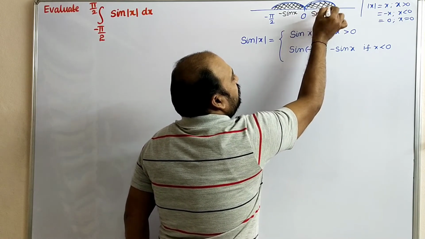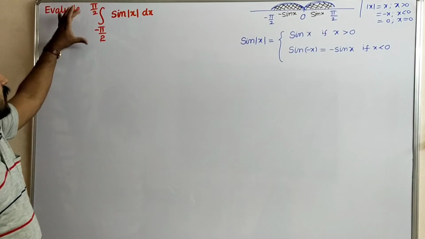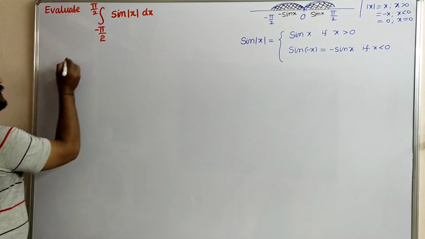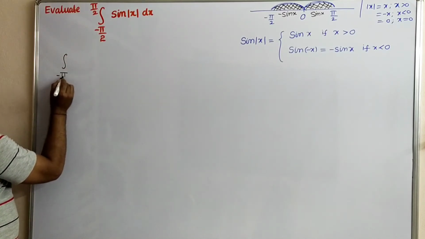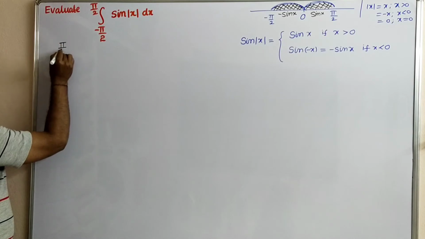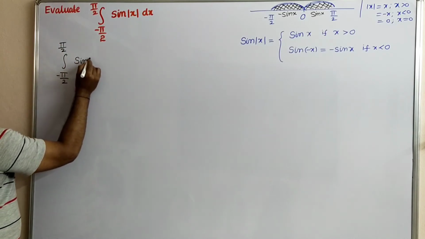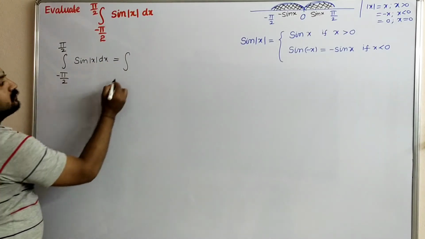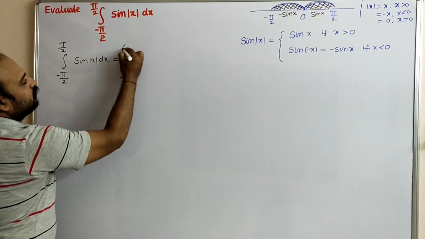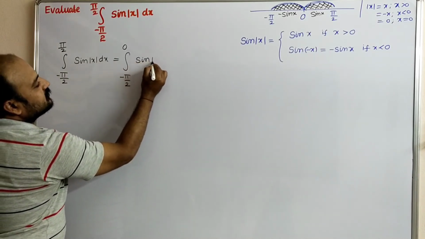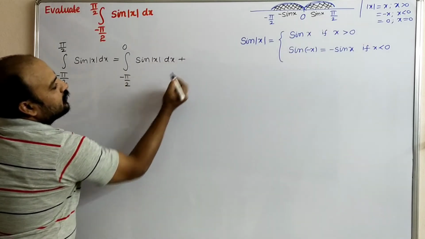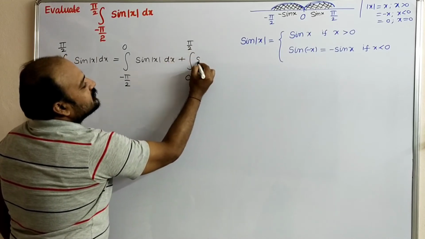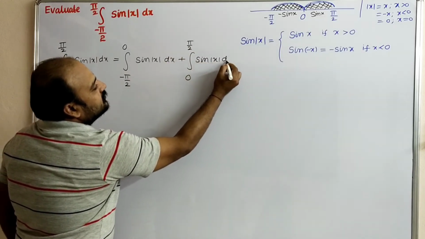From here to here, sin x. So first of all, the given integral minus pi by 2 to pi by 2, you can split into two integrals. So given integral minus pi by 2 to pi by 2, sin mod x into dx equal to integral minus pi by 2 to 0 sin of mod x into dx plus integral 0 to pi by 2 sin of mod x into dx.